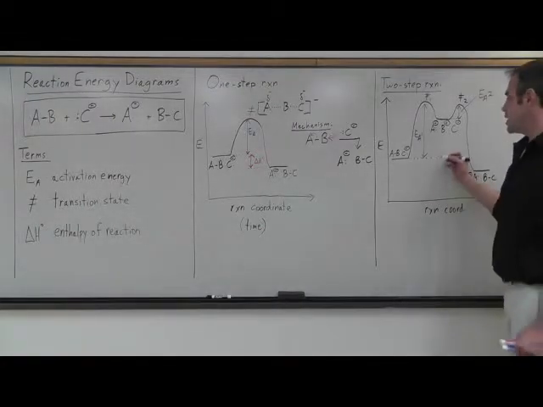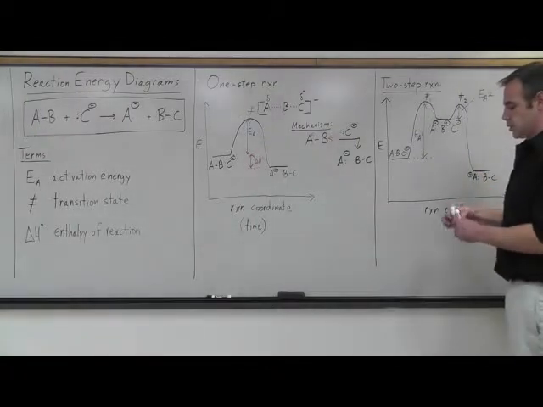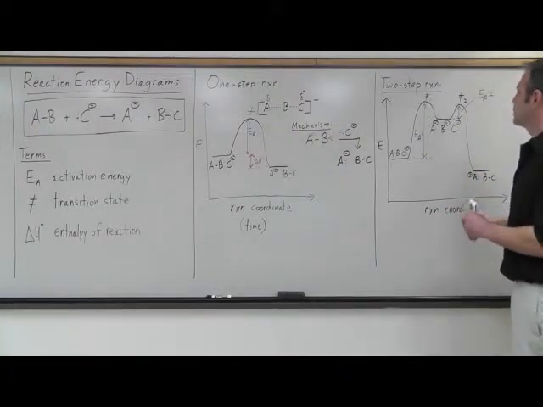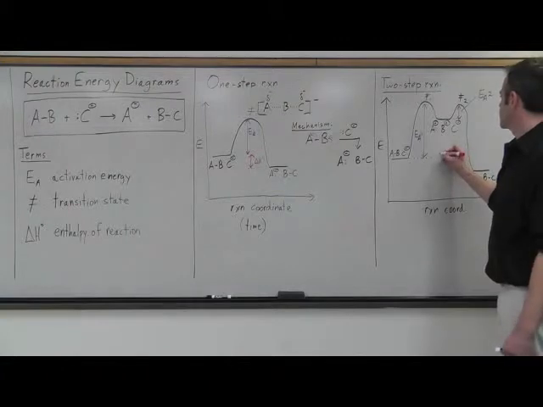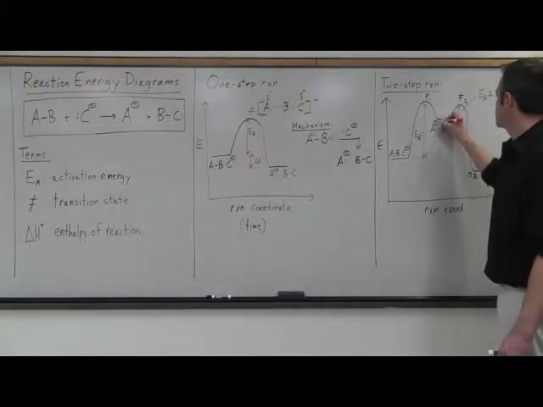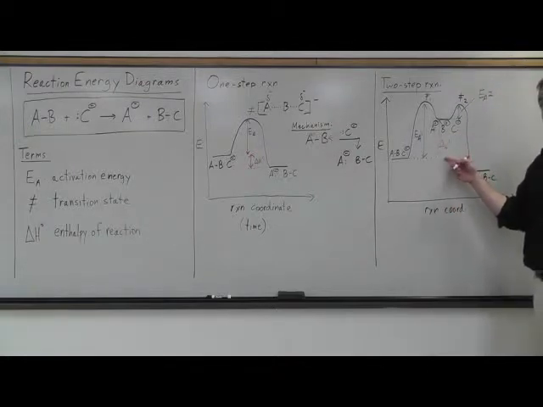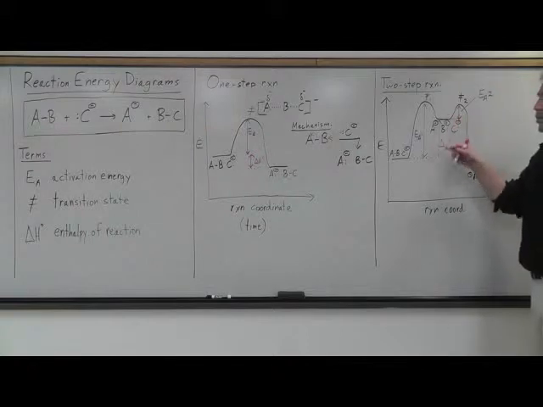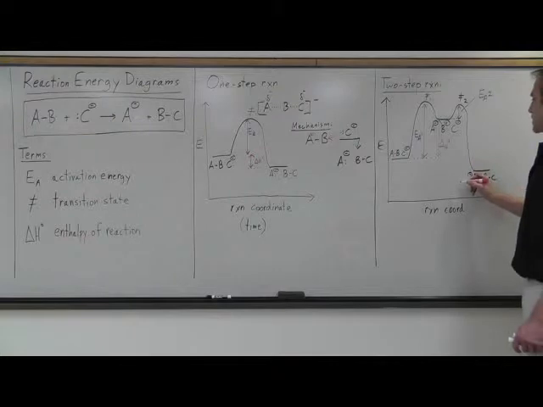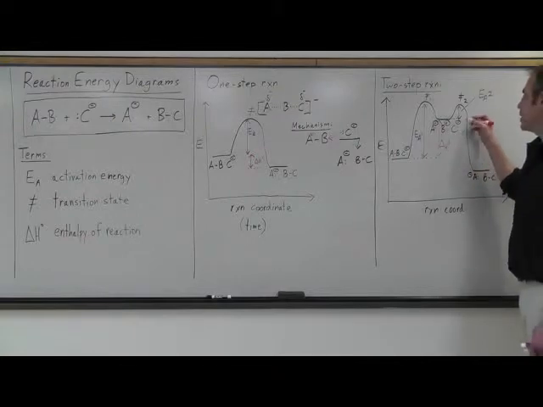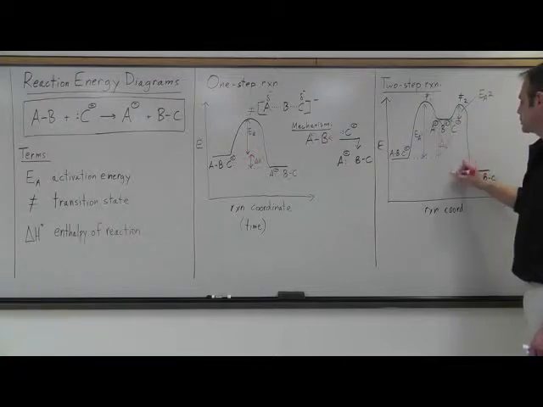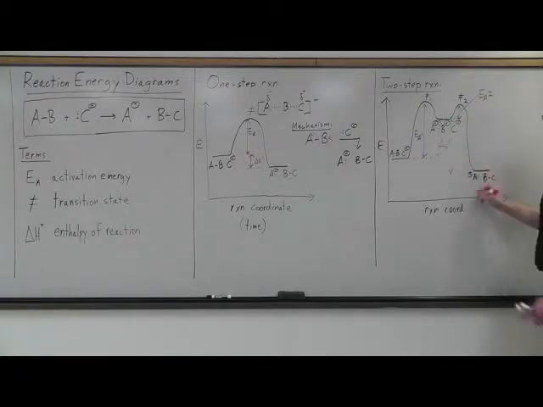We think about delta H. Our initial delta H is positive, or required energy to get to the intermediate. The second enthalpy would be from this same position down to the final products.